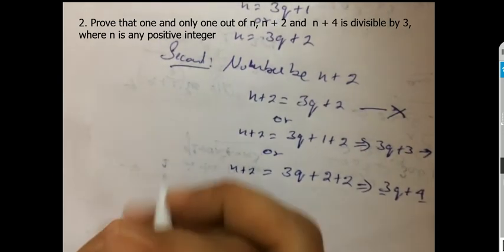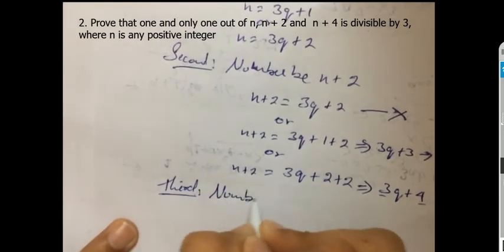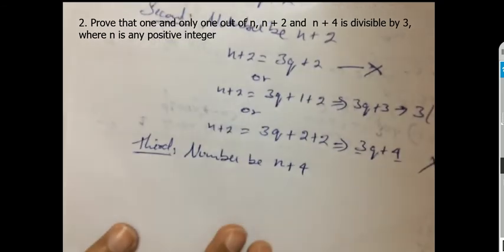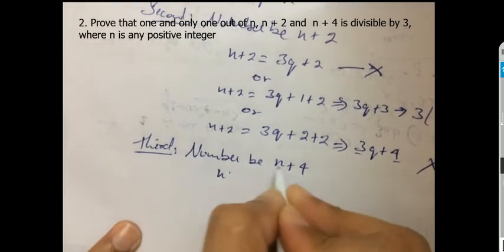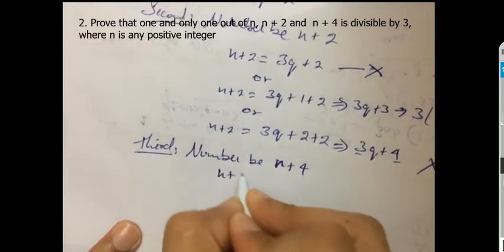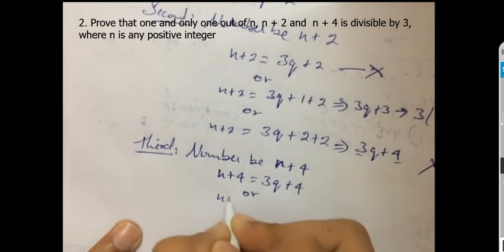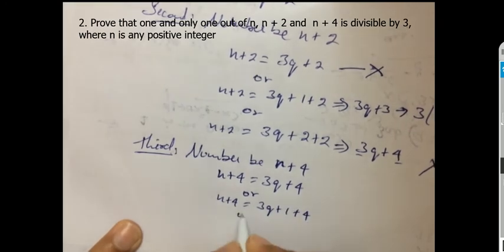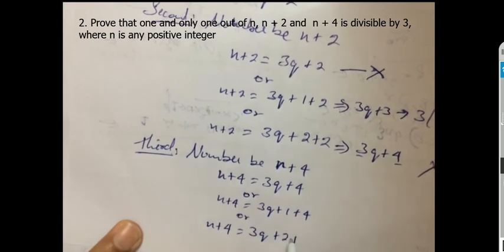For the third one, we'll take the number n plus 4. n plus 4 will be equal to 3q plus 4, or n plus 4 will be equal to 3q plus 1 plus 4, or n plus 4 will be equal to 3q plus 2 plus 4.